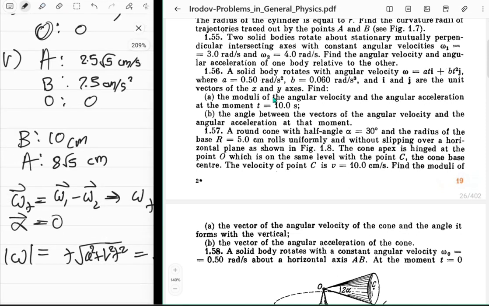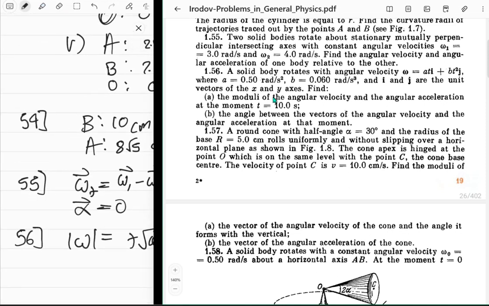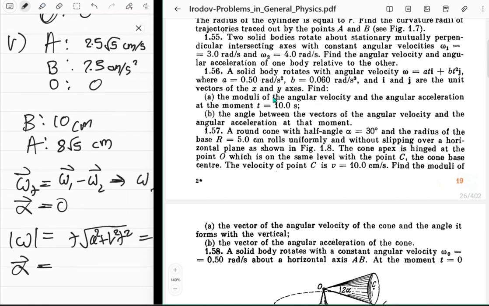Okay, fine. And what else do you want? You want the angular acceleration at the moment. So angular acceleration as a vector, I think, huh? That would just be equal to a comma 2b times t. That will be good. So at t is equal to 10, a times, that's okay, there's no t over there.